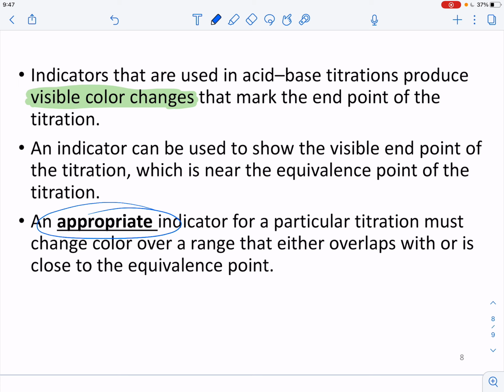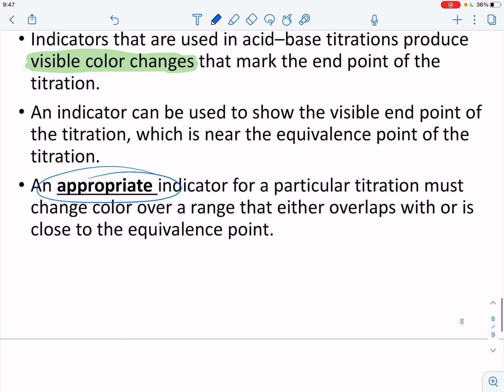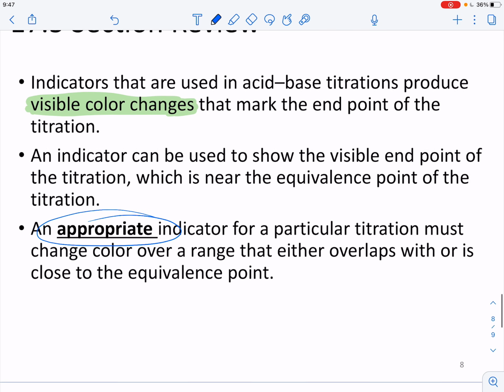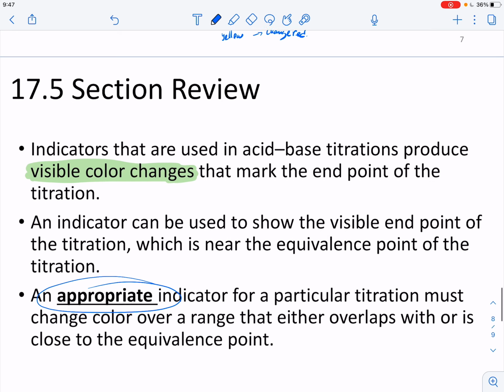At that point, well, you know what you are titrating and with what you are titrating it. You just don't know the concentration, but the information about what pH you are expecting is important, because if you don't know what pH you are expecting, then there is no point in selecting an indicator, because you wouldn't know what change to follow. Okay, so that's pretty much all there is to indicators.